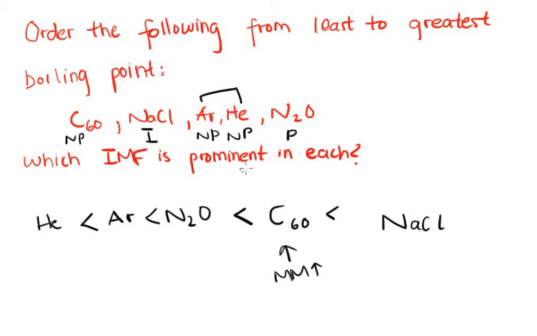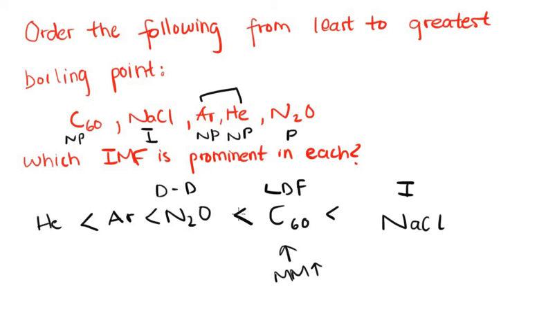So the second question, I'm pretty sure we've already answered, is which IMF is prominent in each. For C60, just because it's just carbon molecules, it's nonpolar, so it's just London dispersion forces. Sodium chloride, it's none of them. It's an ionic bond. Dinitrogen monoxide, dipole-dipole.